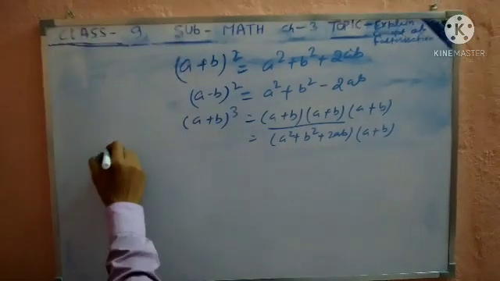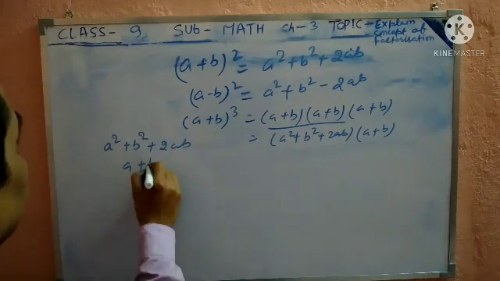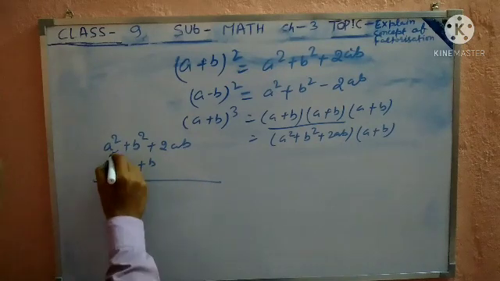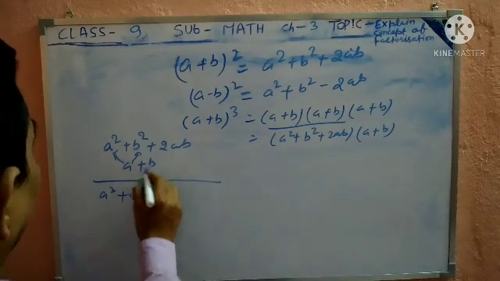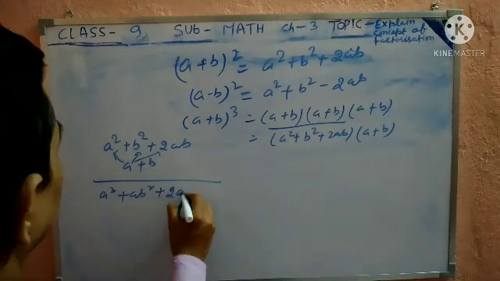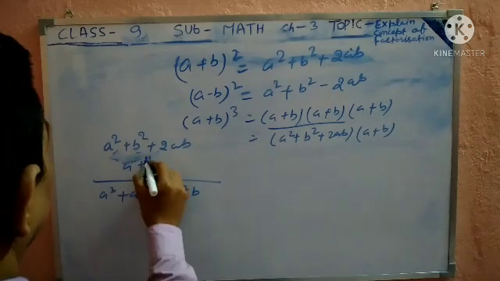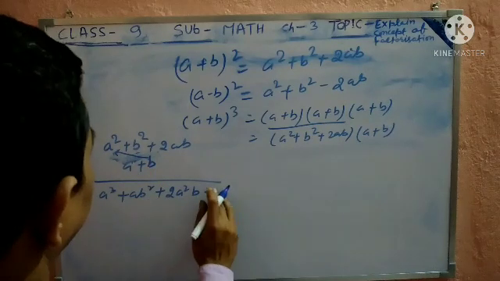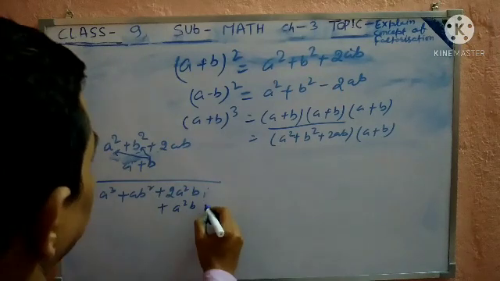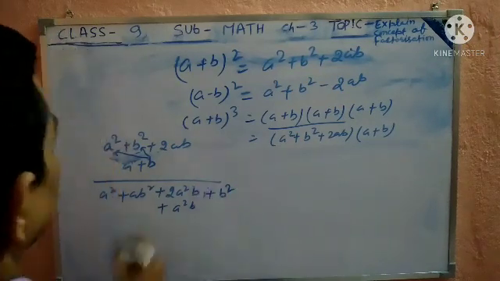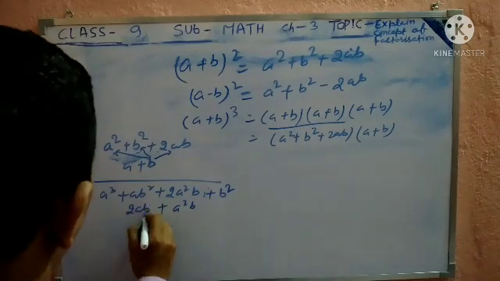Multiply a square plus b square plus 2ab into a plus b: a into a square is a cube, a into b square, and another is 2a square b. Then b into a square is a square b, and b into b square is b cube, and 2ab into b is 2ab square.